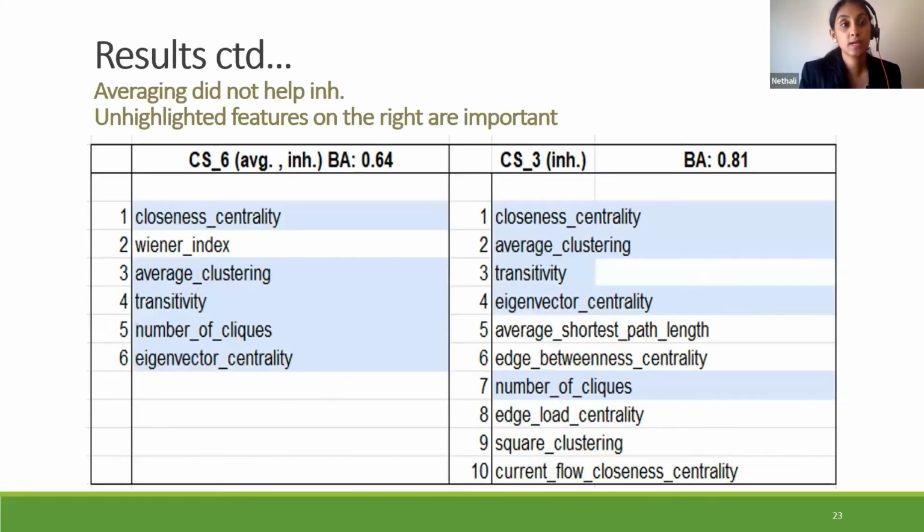And if you look at the average inhibit and the inhibitory metrics, the inhibitory is the winner, and they both have these highlighted features.